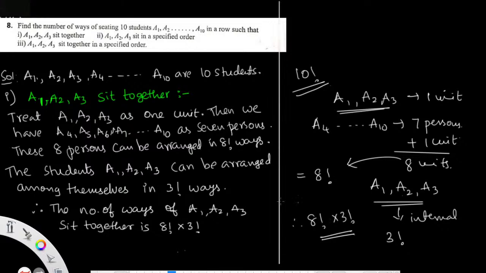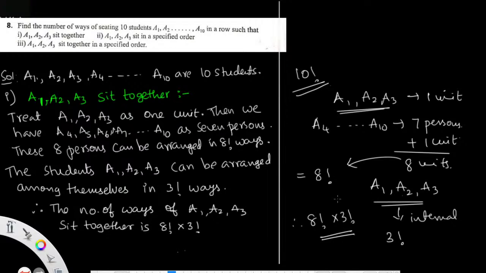Therefore, the total number of ways A1, A2, A3 sit together is 8 factorial into 3 factorial. That is the answer. Now, permutation with restriction: the first property, always come together, means you should take them as 1 unit. That's all. The questions are in different ways.